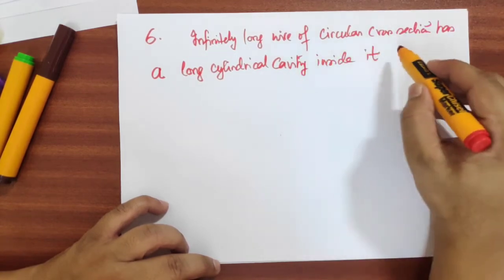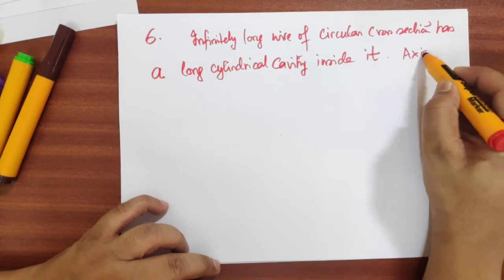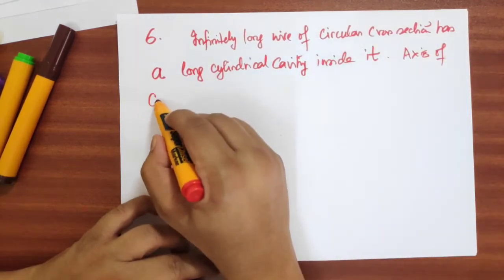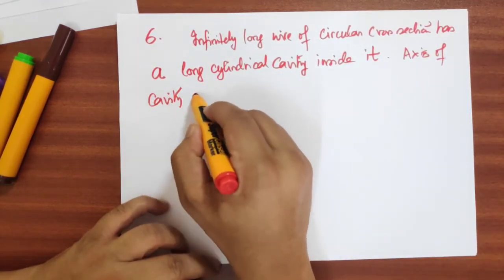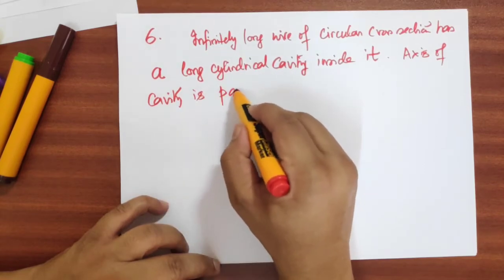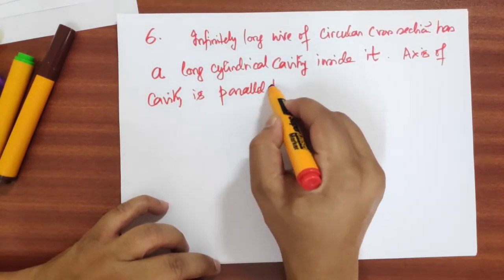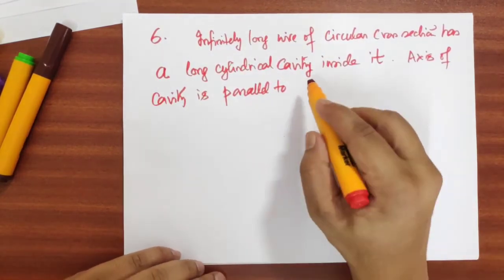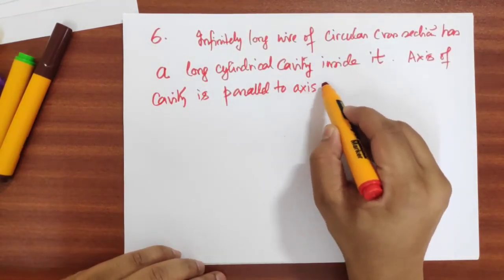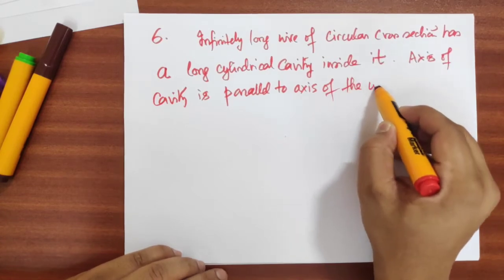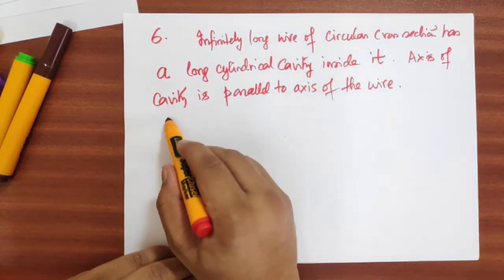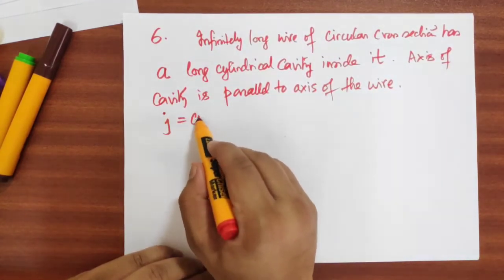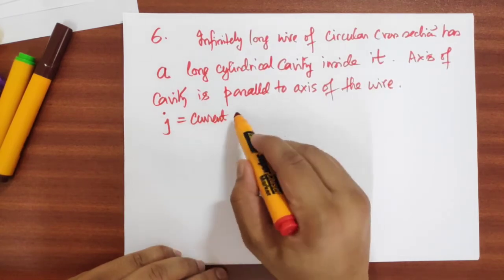Now the axis of the cavity is parallel to the axis of the wire, and J, the current density, is given.